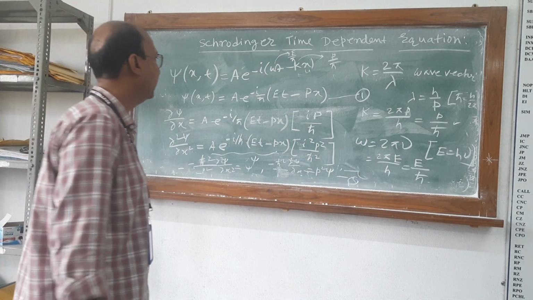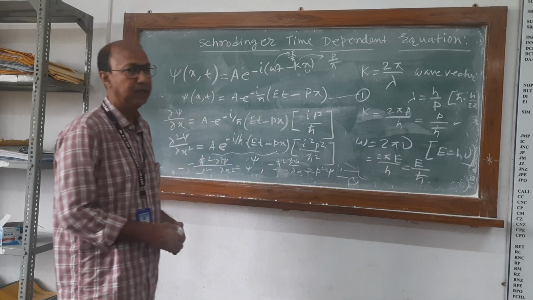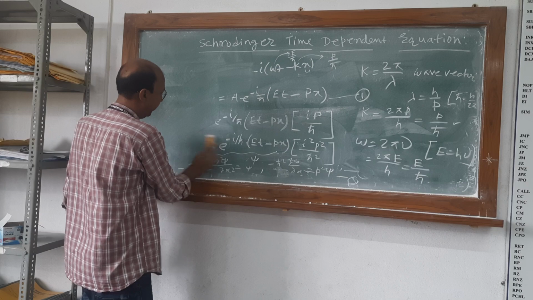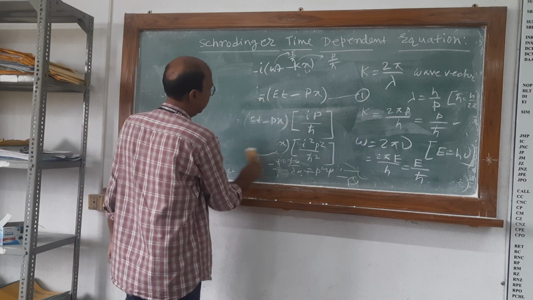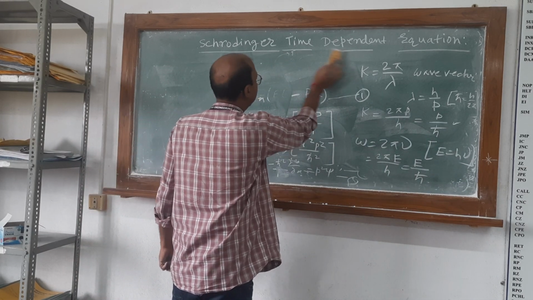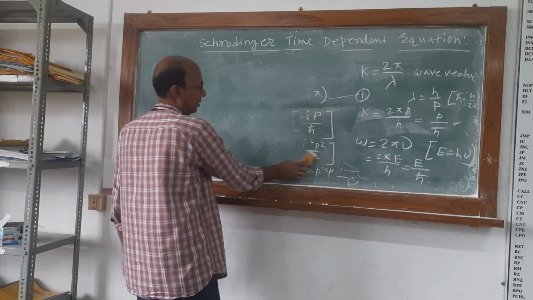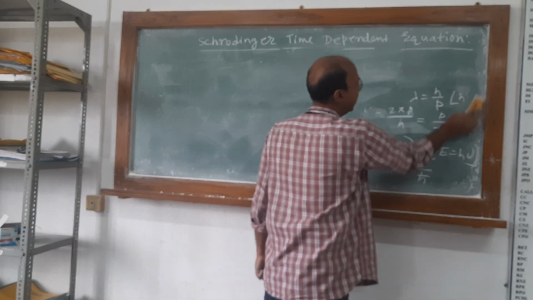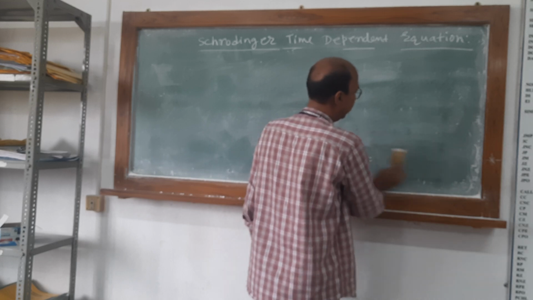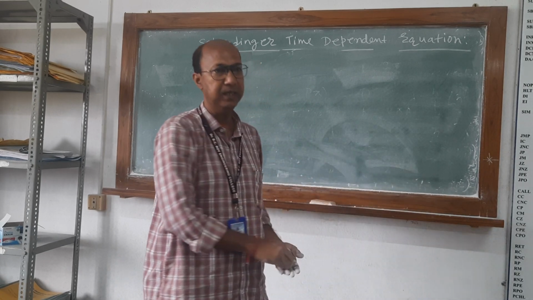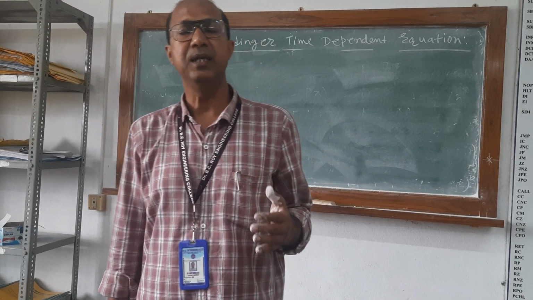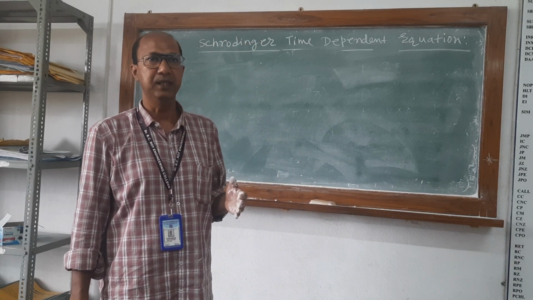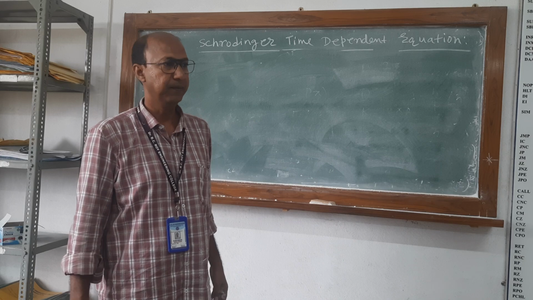Now we consider a non-relativistic particle moving, so the speed of the particle is much less than the speed of light. Non-relativistic means the particle is moving with very low velocity with respect to light.